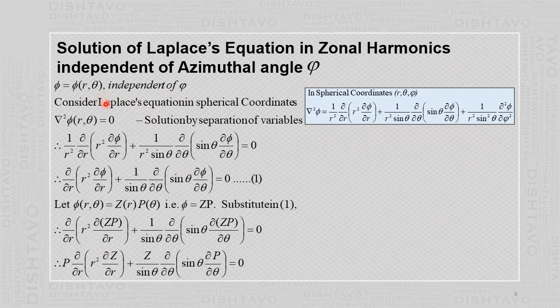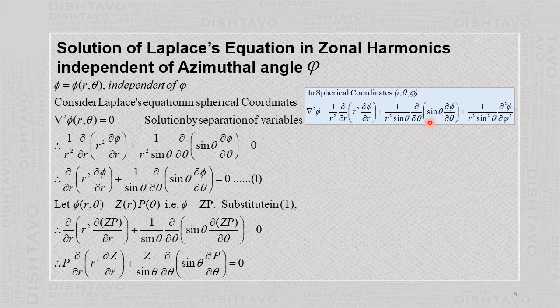First we write the Laplace equation in spherical coordinates. The del square phi (r, theta) equal to 0. So here it does not depend upon the phi. Then we'll use the formula which was stated in the earlier lecture for the Laplacian in the spherical coordinates r, theta and phi.